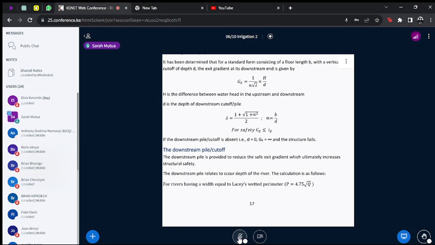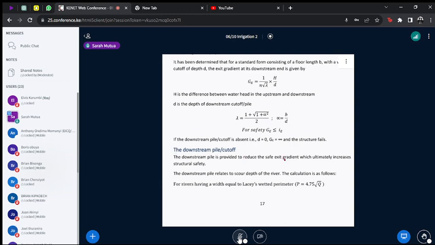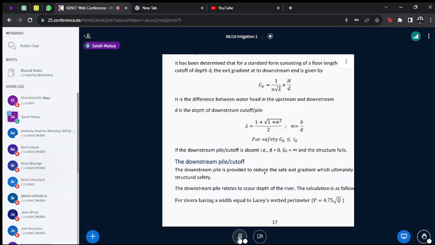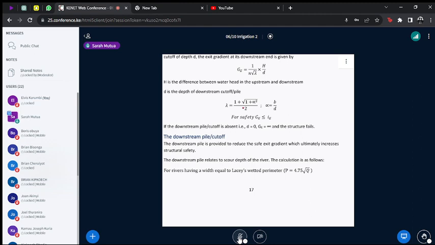I hope we will look at canals, because once we do canals, we are going to come across Lacey theory. According to Lacey, any unconsolidated material, if water is flowing through, tends to erode until you get to a maximum depth, which we call a maximum scour depth.